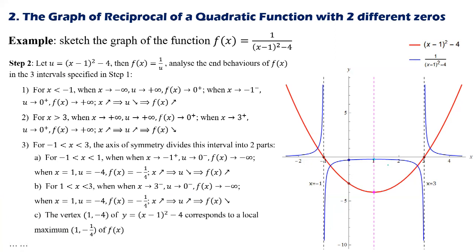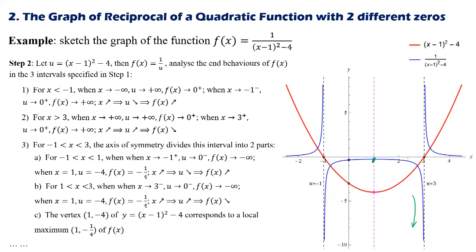Okay, let's have a look at the other branch. The other branch in the middle is from 1 to 3, right? When x approaches 3 from the negative side, which means this direction, right? u approaches 0 from the negative side, and f(x) at the same time approaches -infinity. Understand? And when x equals 1, we have already discussed this, right?